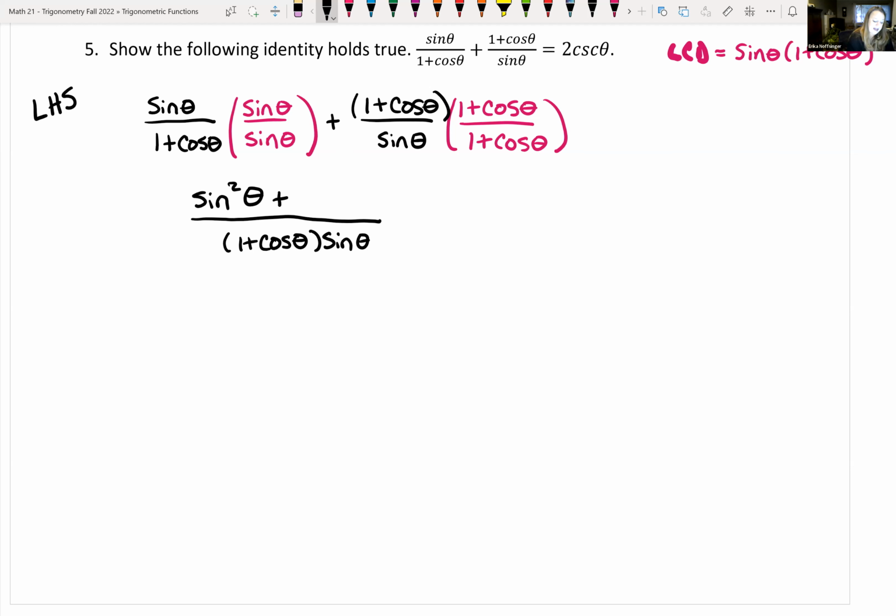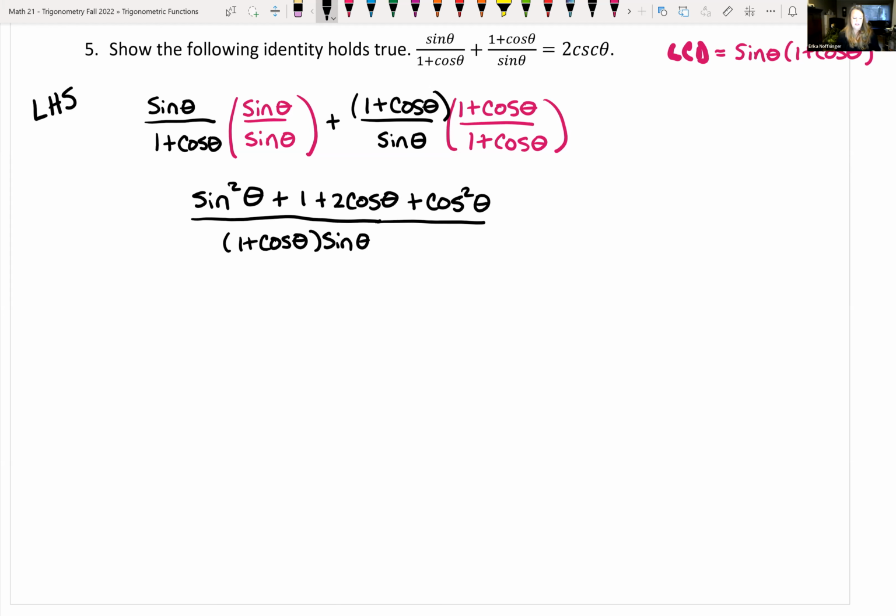Distributing that out, I have 1 times 1 is 1. I'm going to have a 1 cosine theta plus a 1 cosine theta, so I'm just going to reduce that: plus 2 cosine theta. And then cosine theta times cosine theta gives us plus cosine squared theta.